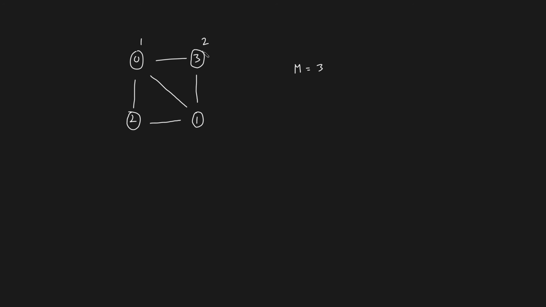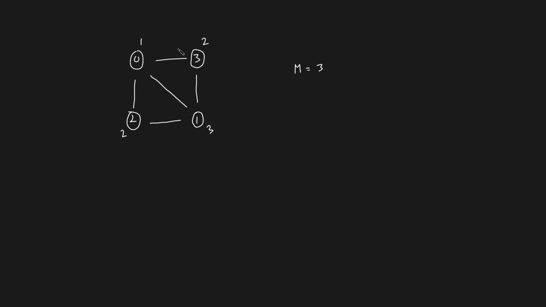And after that, I decide that I'm going to color 3 for this node. Okay. After that, what if I decide that I color 2 for this? So if I try out coloring in this fashion, you see that none of the adjacent nodes, like for 0 the adjacent node is 3, for 0 the adjacent node is 2, for 0 the adjacent node is 1, none of them are having the same color. That is what the question stated.